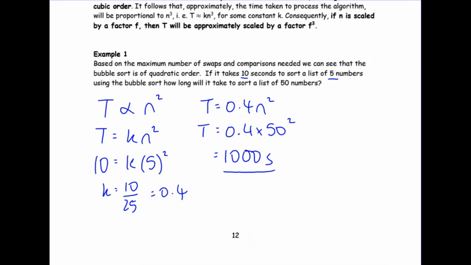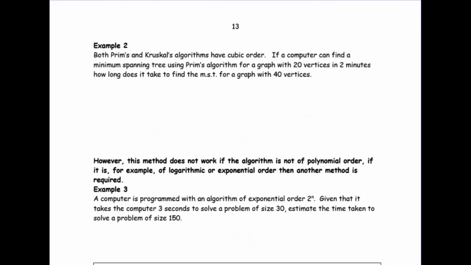You could do this using scale factors as well. So if it takes 10 seconds to sort a list of 5 numbers, to sort a list that's 10 times longer, because it's quadratic, it will be 10 squared longer. So you take 10 seconds and times it by 100 and you'll get 1,000 seconds as well. But that's not a foolproof method, whereas this one is.